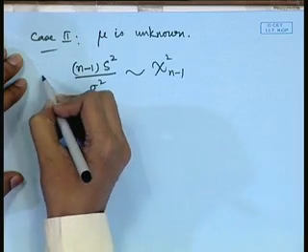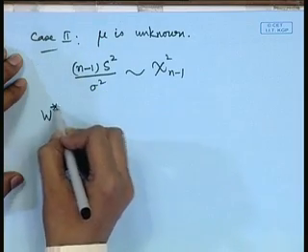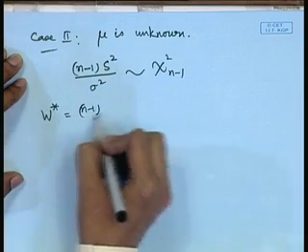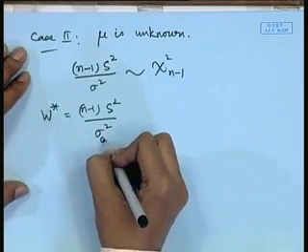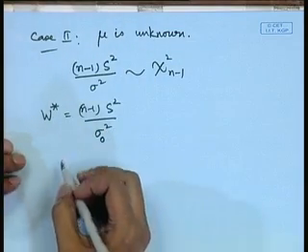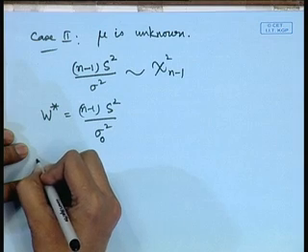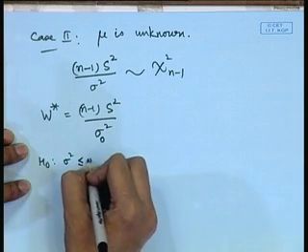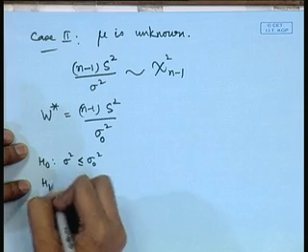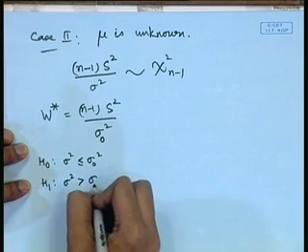Let me call this statistic W star as n minus 1 S square by sigma naught square here. If we are testing the hypothesis of the form H naught: sigma square is less than or equal to sigma naught square against H1: sigma square is greater than sigma naught square.